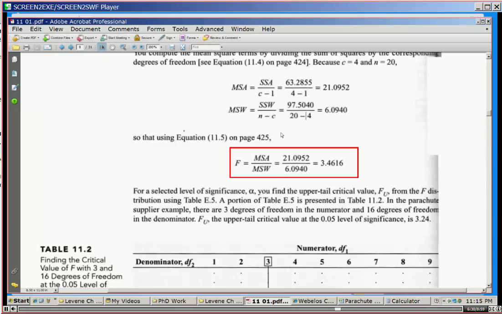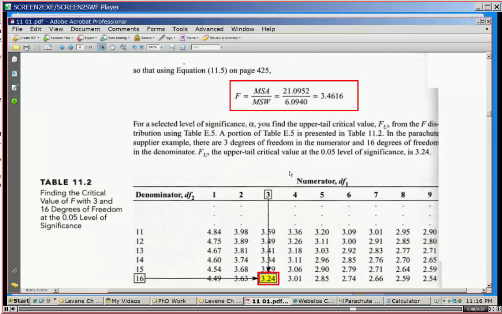Here comes the F statistic. The F statistic comes from the F distribution which we discussed in the previous clip. It has to do with the probabilities of the ratios of variances occurring in a series of measurements.